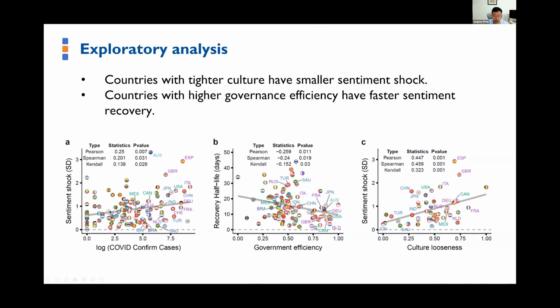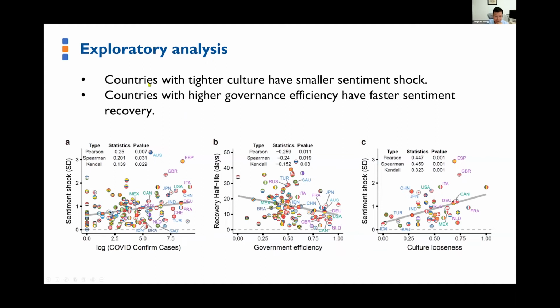We further explore the relationship between the sentiment shock and sentiment recovery during the pandemic. Based on the drop and recovery index by country, we explore the heterogeneity in shock and recovery, noting that these explanations are correlations and should not be used as causal claims.